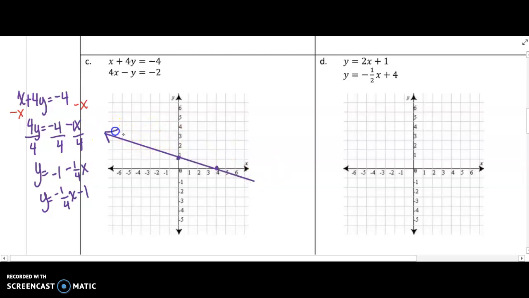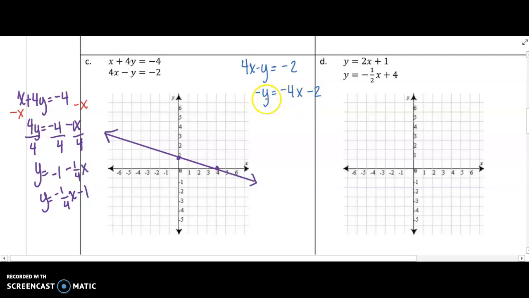All right. And then let's solve this other one for y. I have 4x minus y equals negative 2. So I have negative y equals, and I'm going to subtract 4x from both sides and bring down my negative 2. Well, y is not by itself because there's a negative 1 multiplied by it.